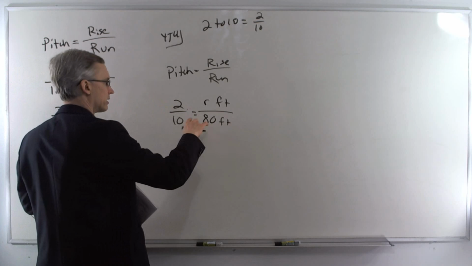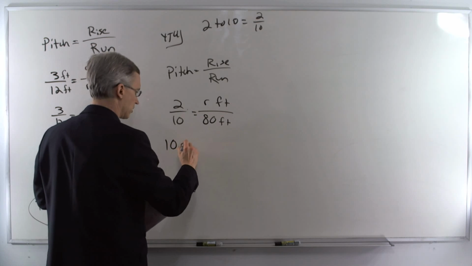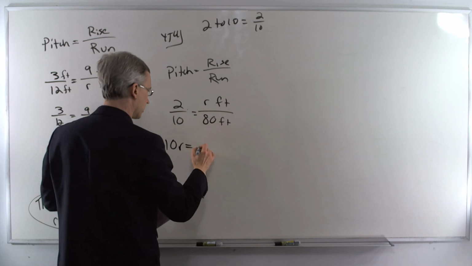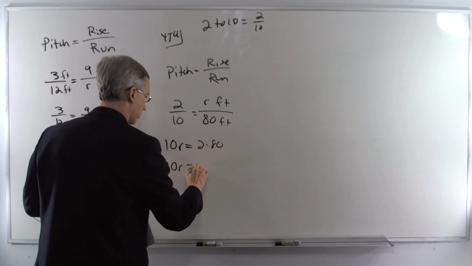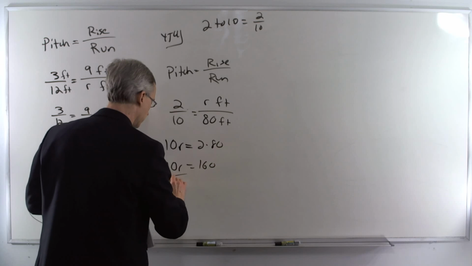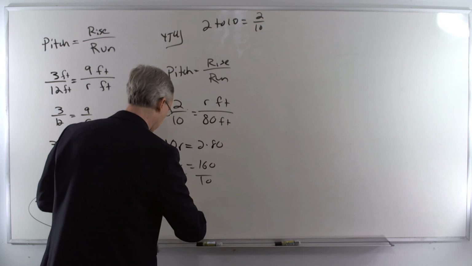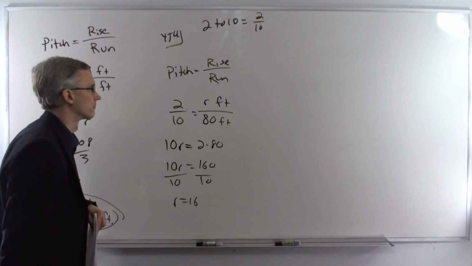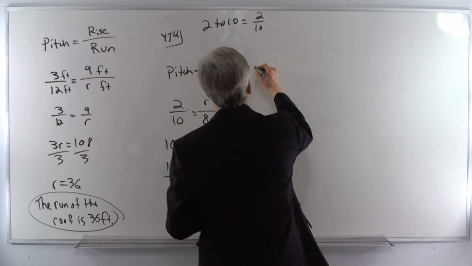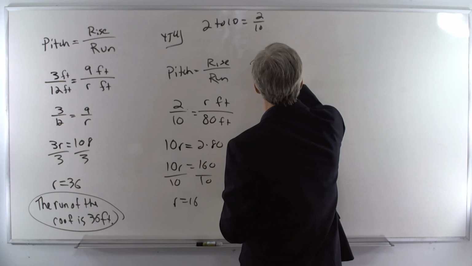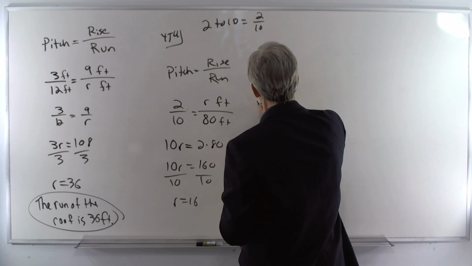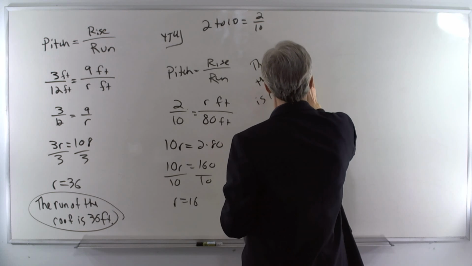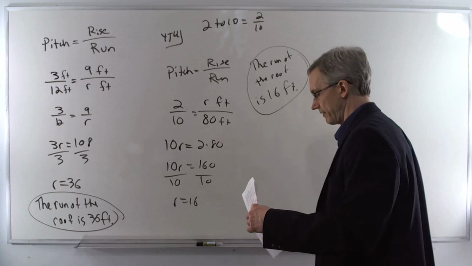Cross multiply, 10 times R, and 2 times 80. So 10R equals 160. Divide by 10, we get R equals 16. So the rise of the roof is 16 feet.